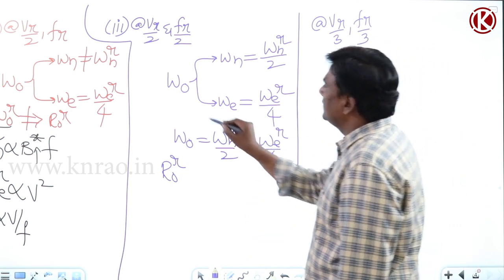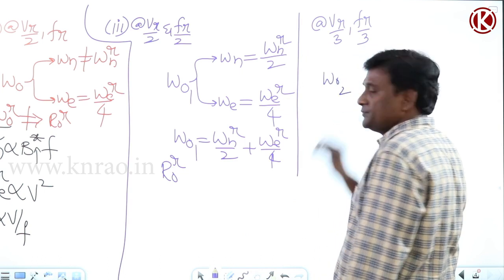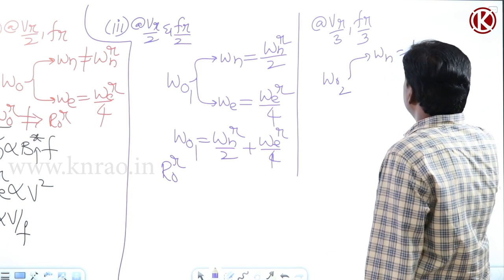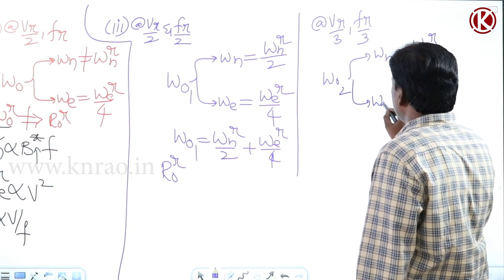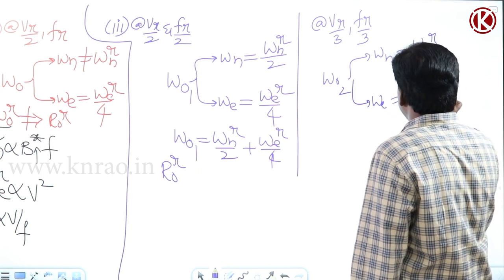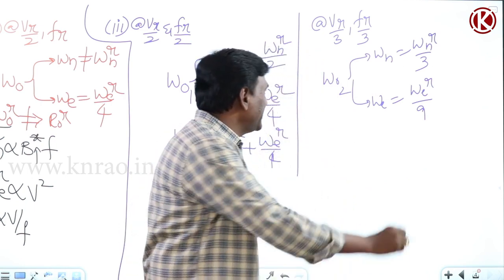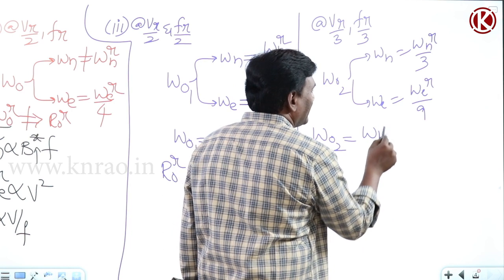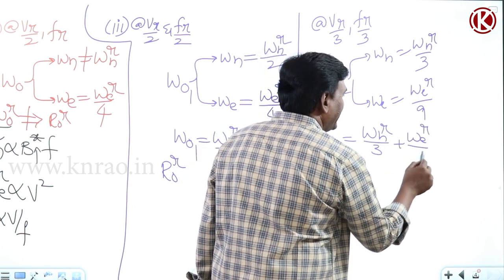Now let me call this 1 and this 2. Test 2 is going to give you hysteresis loss equal to hysteresis loss rated by 3, eddy current loss equal to eddy current loss rated by 9. So total core loss 2 equal to hysteresis loss rated by 3 plus eddy current loss rated by 9.